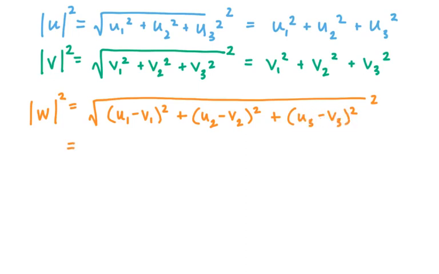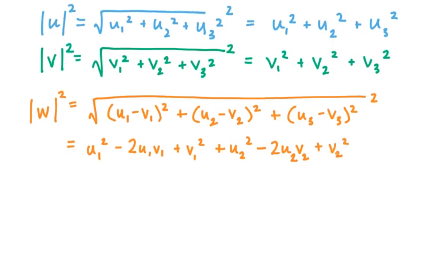So the magnitude of W squared gives me U sub 1 squared minus 2 U sub 1 V sub 1 plus V sub 1 squared, plus U sub 2 squared minus 2 U sub 2 V sub 2 plus V sub 2 squared.